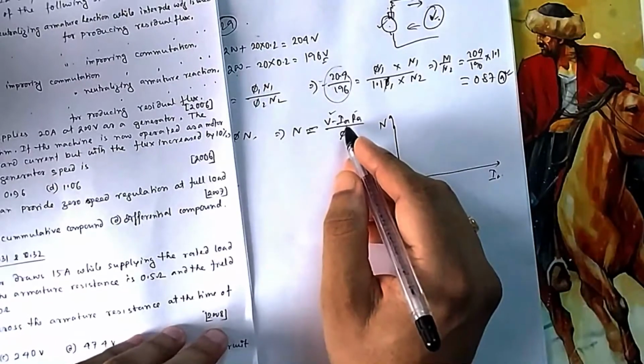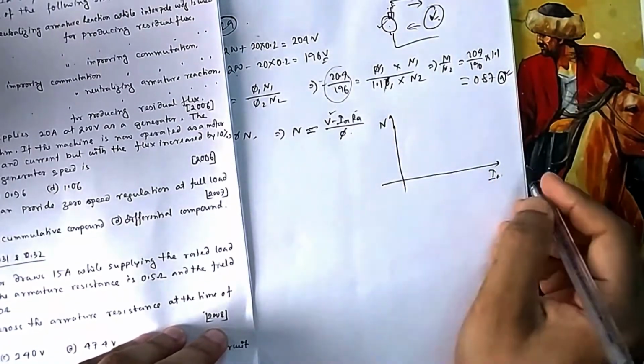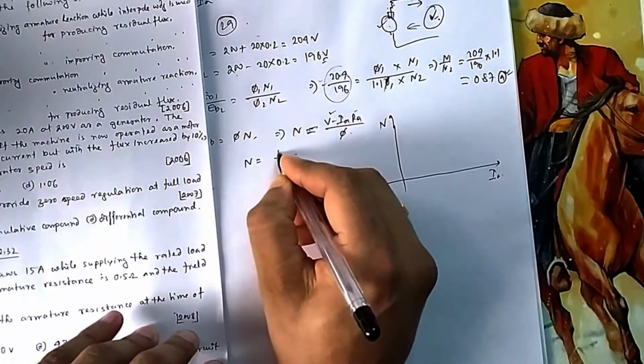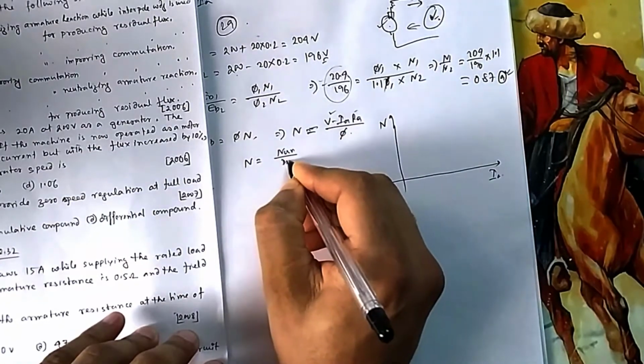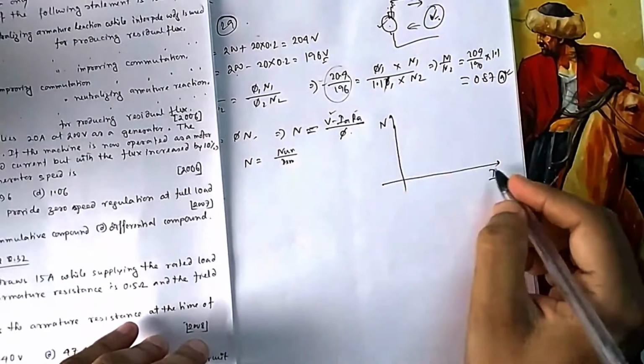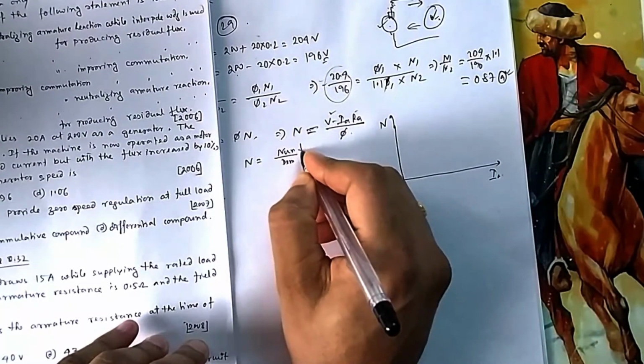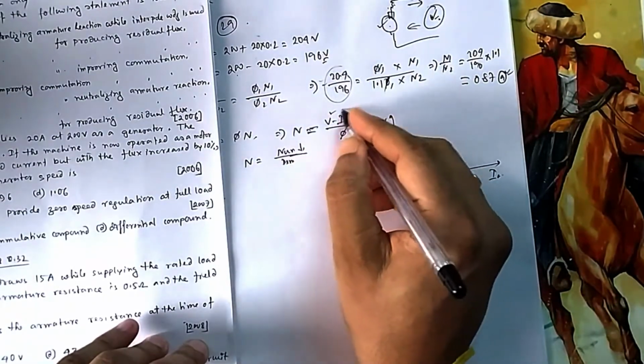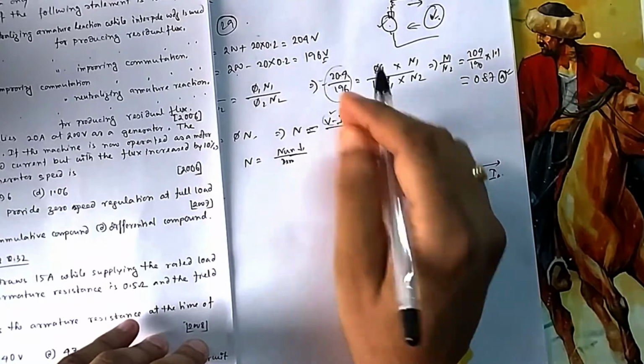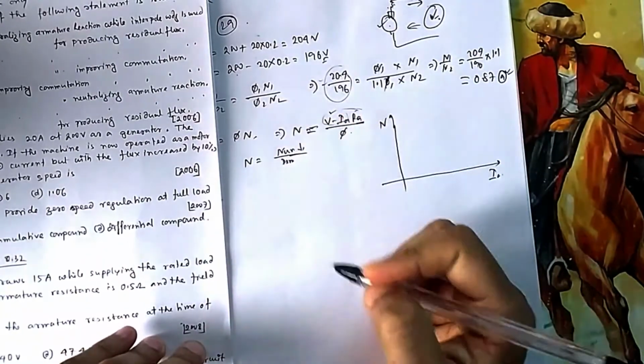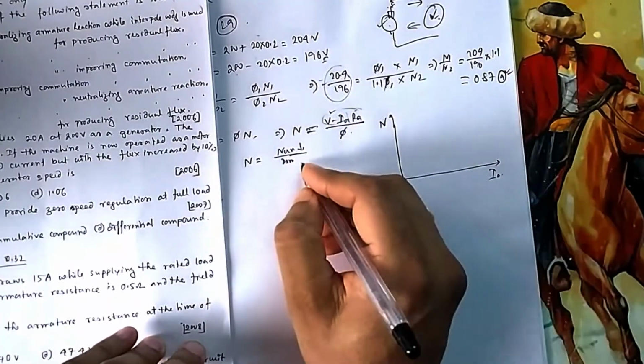If you increase IA, the numerator V minus IARA will fall, because you will be deducting more and more, and you are also increasing the denominator.